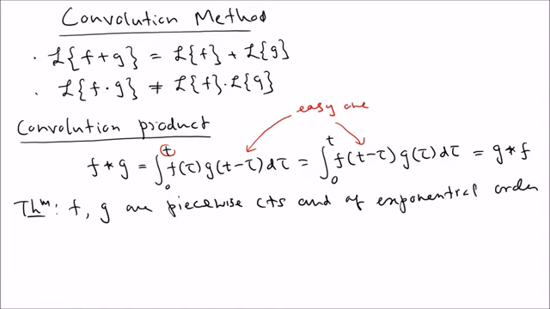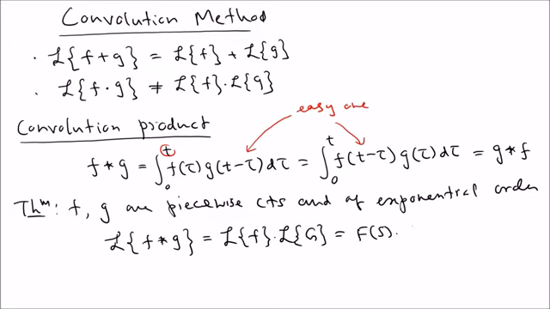We need that to guarantee that the Laplace transform exists. Then the Laplace transform of the convolution product f star g is simply the product of the Laplace transforms of f and g. In other words, we write this as F of s times G of s. This is just the product. This is the major result, and it is very useful.